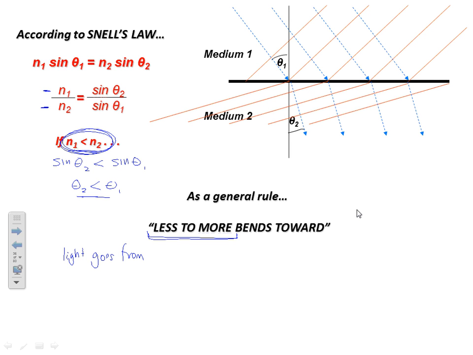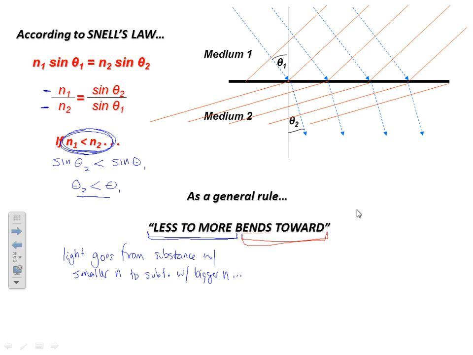I'll be as wordy about this as possible. Light goes from a substance with a smaller n to a substance with a bigger n, and then that light bends toward.